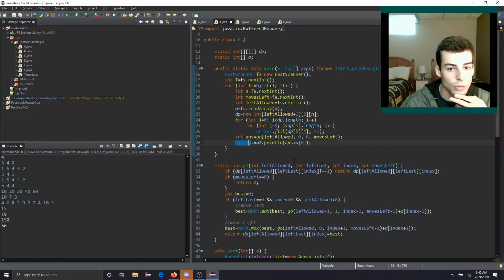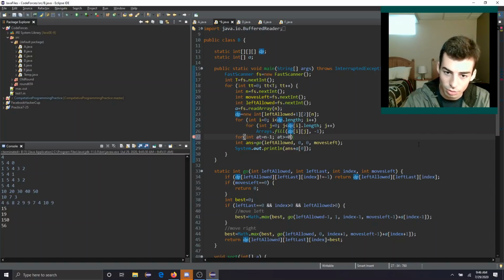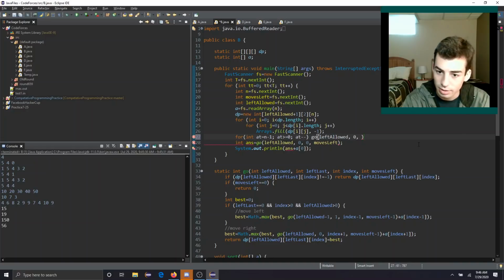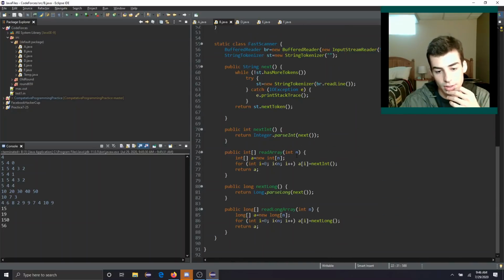Stack Overflow might be an issue. Well, usually... how do we do this? For int i equals 0, i greater than or equal to 0, i minus, go left allowed left 0 index i moves left. We don't know, so that's kind of annoying. Yeah, do we need stack trick? I guess it doesn't hurt.